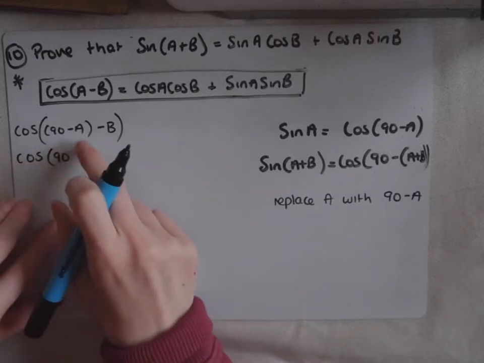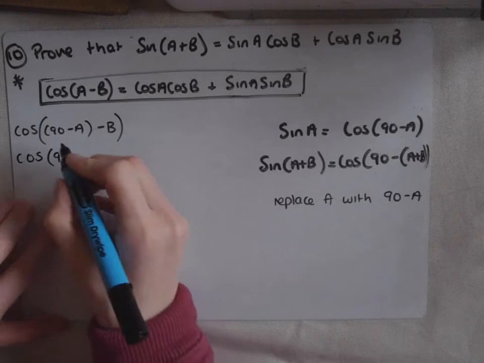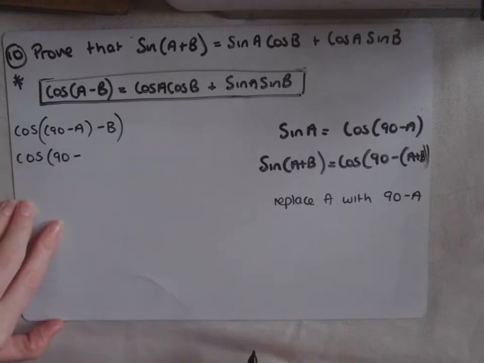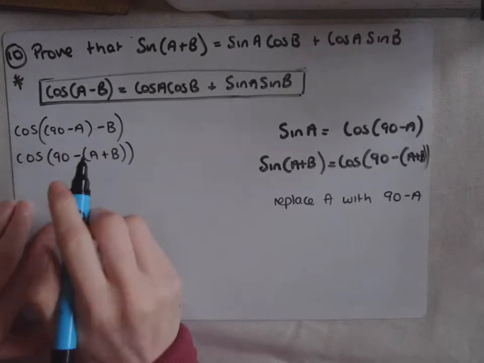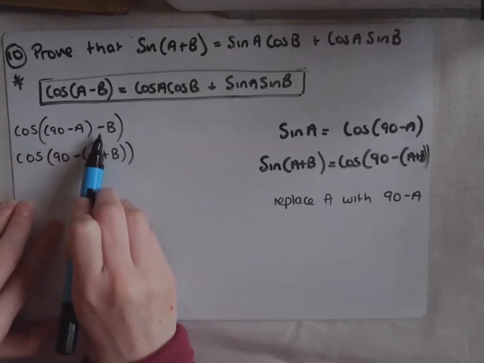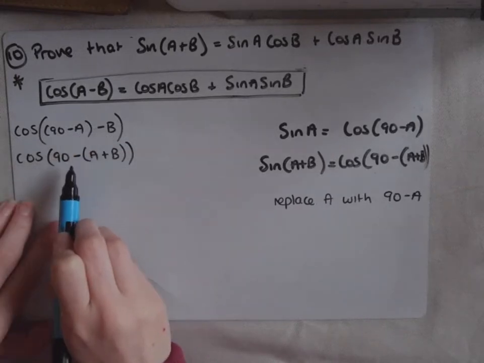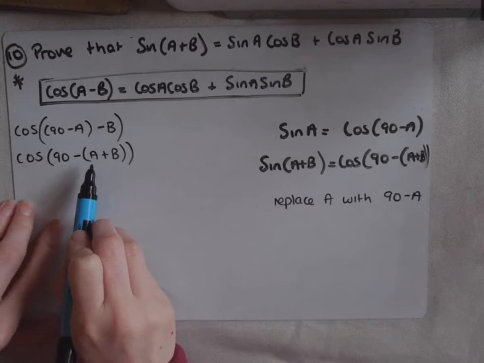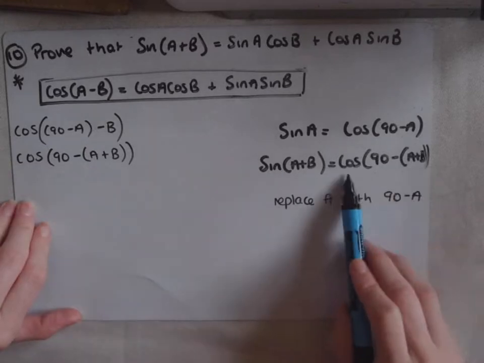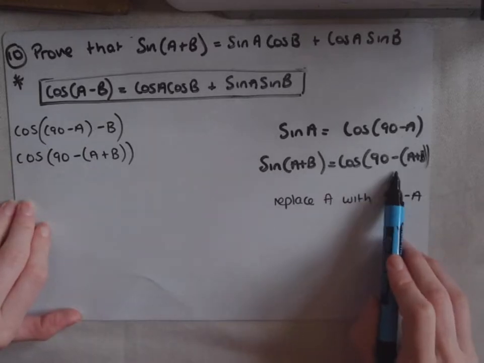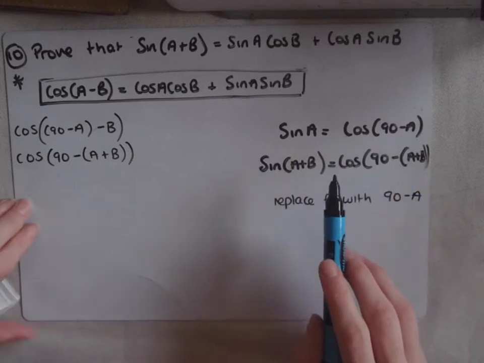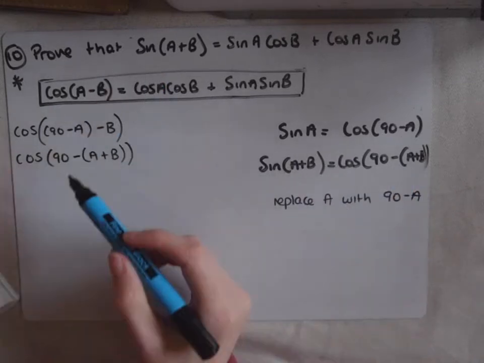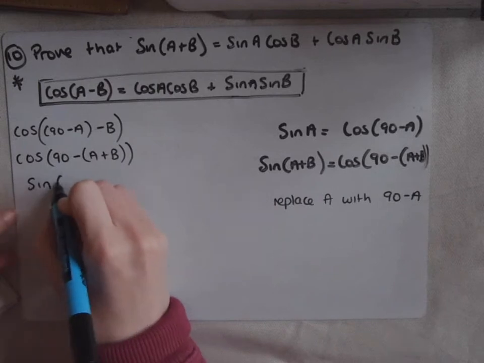Now, I have minus A minus B, so I can factorize out the minus, and then I end up with A plus B. So minus A minus B. Okay, factorize out the minus and I have 90 minus A plus B, which is exactly what I want, because I know cos of 90 minus A plus B is sine of A plus B. So that's how it's going to allow me to get the sine on the left hand side.